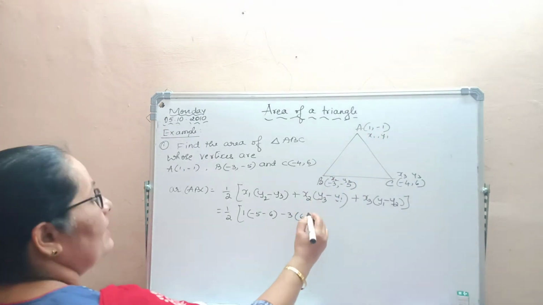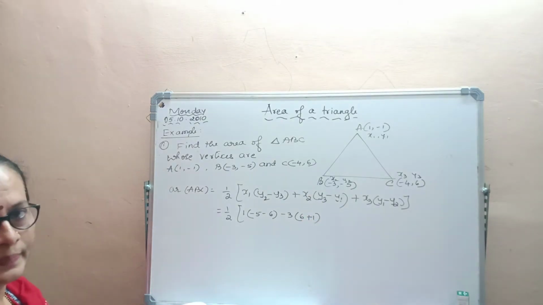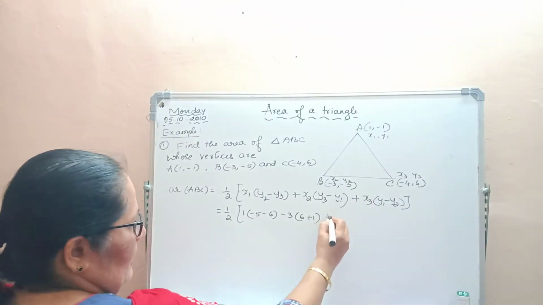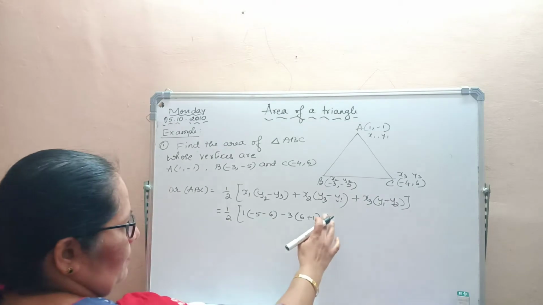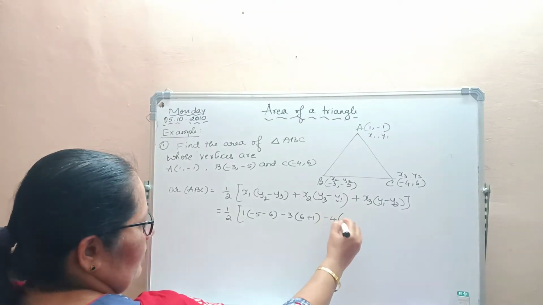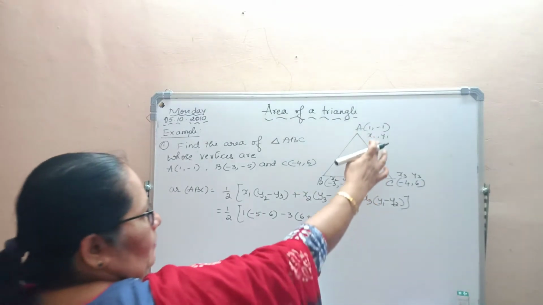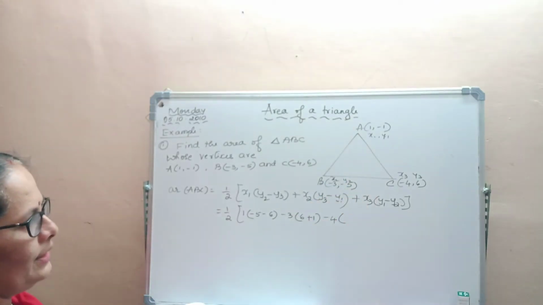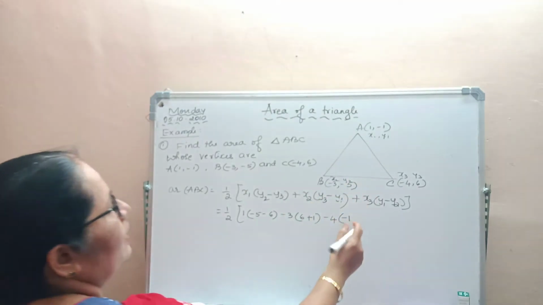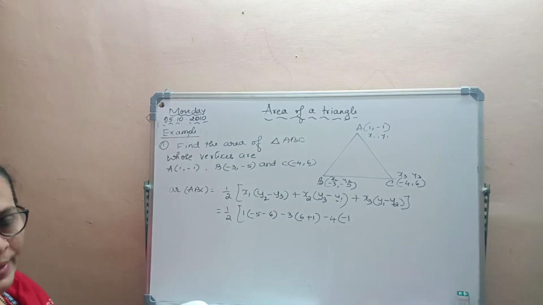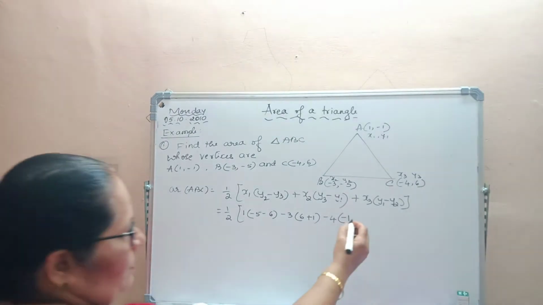So minus of -1 is +1. Then x3 is -4. Then y1 minus y2. y1 is -1, y2 is -5. Minus of -5 is +5.